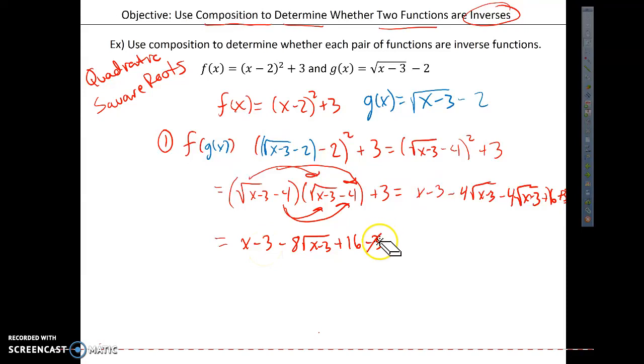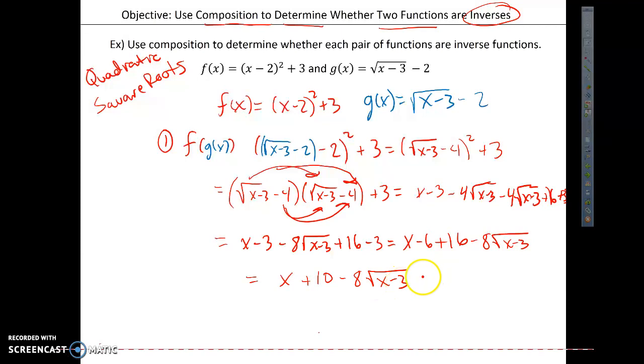It combines with this negative 3 to be minus 6. So we get x minus 6 plus 16, minus 8 root x minus 3. So we get x plus 10 minus 8 root x minus 3. And this is clearly not equal to x.